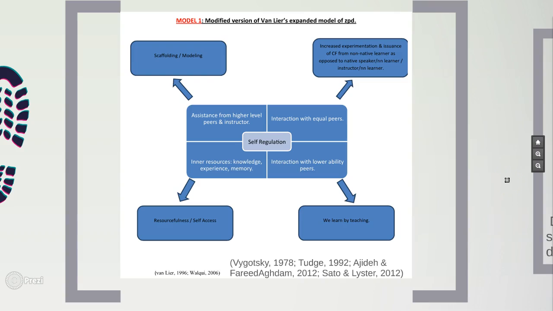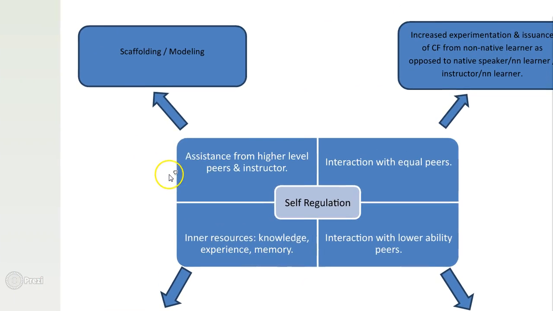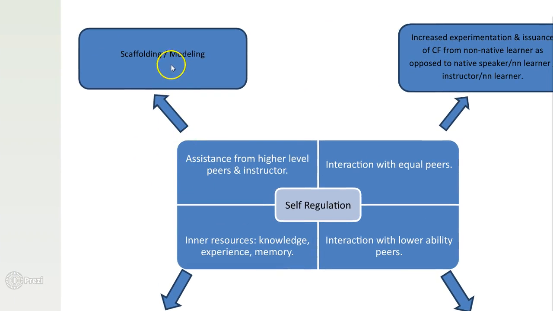In other instances, students can seek assistance from higher level peers and the instructor through modeling and scaffolds. It should be noted here that this tends to be the instance where marked recast, repetition, and explicit correction are most useful.